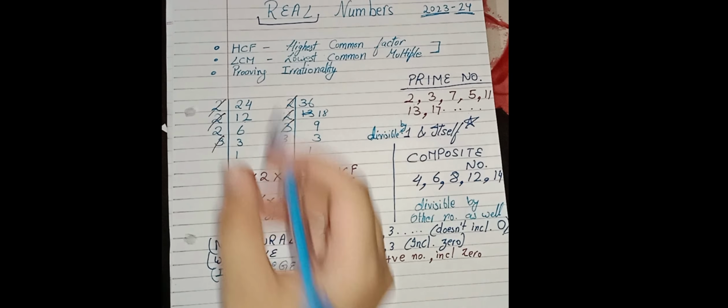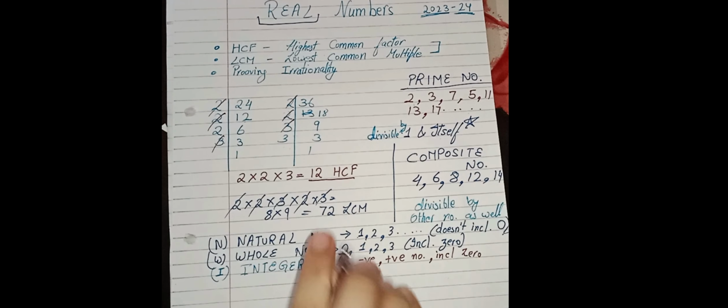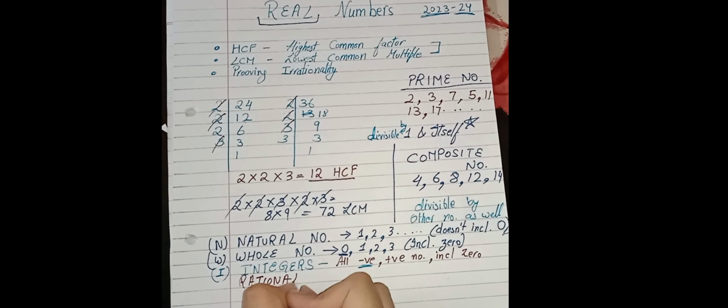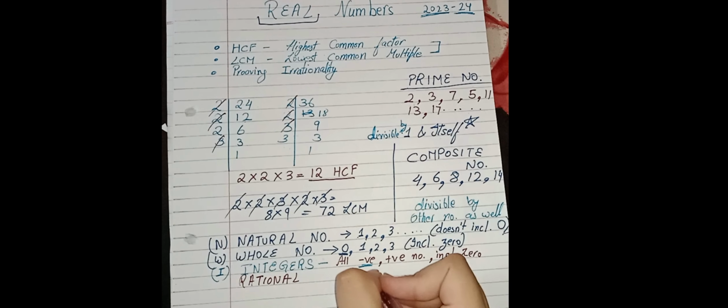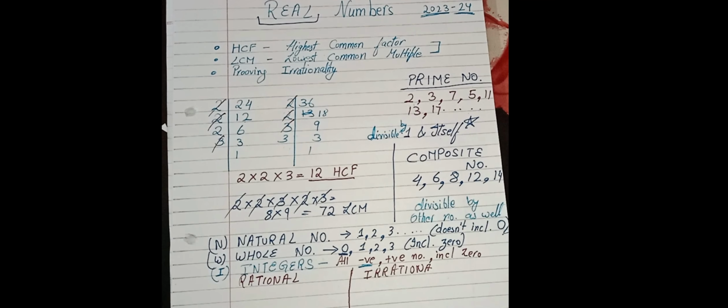Now, before going to the real numbers, I have one more topic to discuss, that is rational and irrational numbers. This is a term we have heard in class 9th as well, and we have focused on it very deeply. So here I'm not going to define it in depth, just giving you a brief idea.